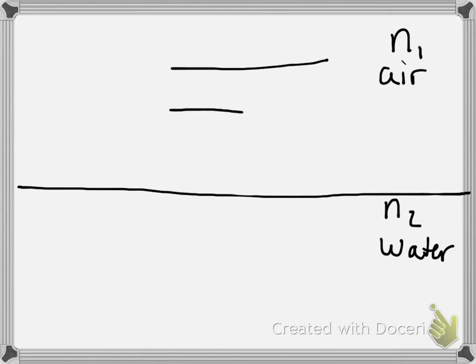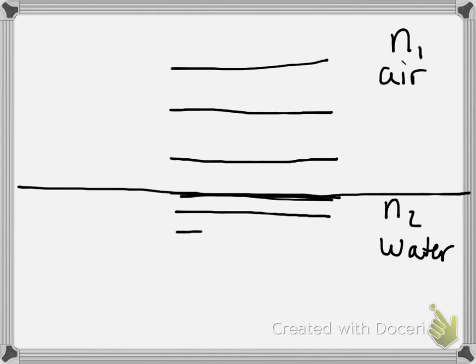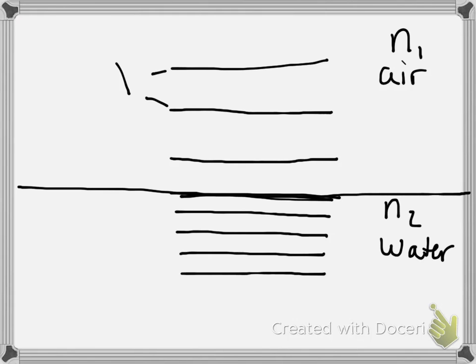So the wave fronts for this particular beam of light might be this large, and then when they hit the water, here, the beams get scrunched up. So if these lines represent the wave fronts, then the distance between each wavefront represents the wavelength. So this would be the wavelength in air. And then as they move into the denser medium, the wavelength gets smaller. Right? The wavelength gets smaller.